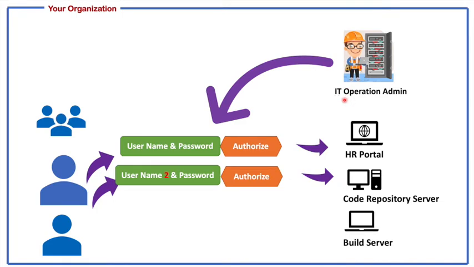Not only this, suppose tomorrow an employee leaves the organization. Again the admin has to delete all the usernames and all the authorizations from all the resources. There is too much manual work and a lot of problems. There may be some mistakes with usernames and passwords because this is a manual job. So this is a lot of problems.